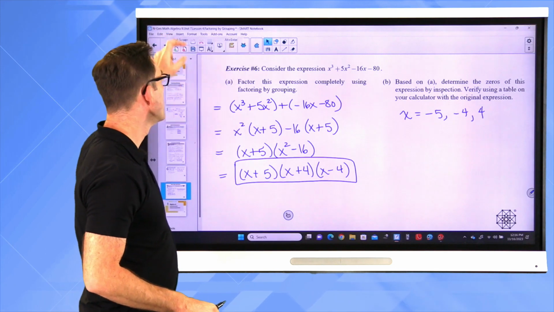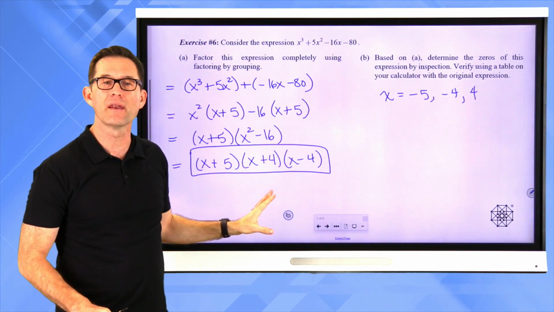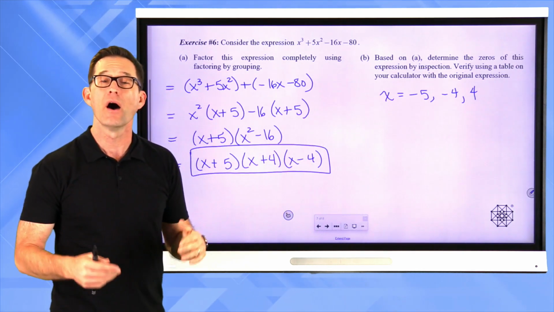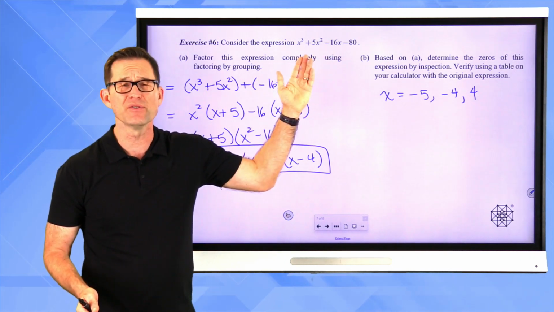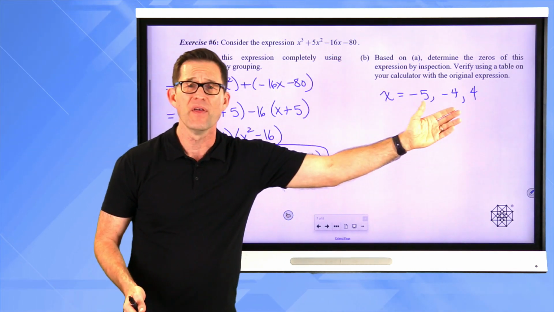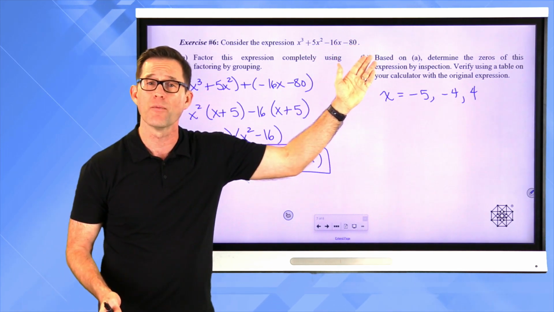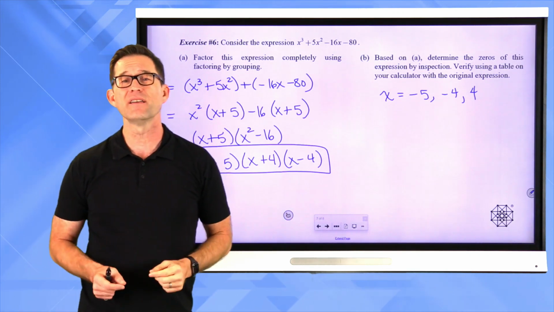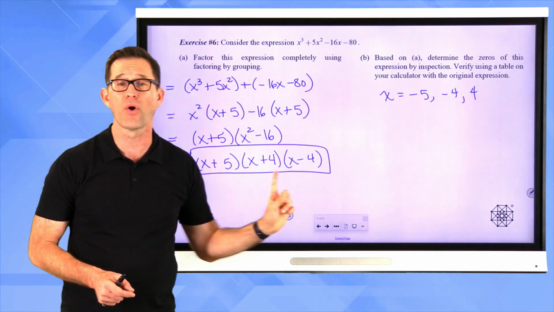And again, what is super cool about this, and one of the big notions in math these days, is the idea of taking an expression and rewriting it in an equivalent form in order to reveal certain properties about the original expression. In this particular expression, there's nothing at all that tells me that these should be the values of x that when I substitute them in give me 0. And yet as soon as I write it as a product, using the idea of the zero product law, I know any value of x that makes this 0 will make the whole thing 0.